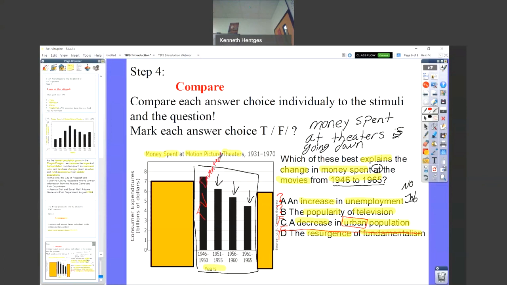TV was invented in the 40s and then became popular in the 1950s when people began to realize that they did not have to go and spend money in the movie theaters to watch films, to watch the news. It is all brought to them at their house.